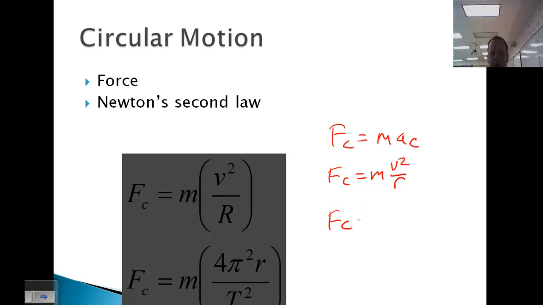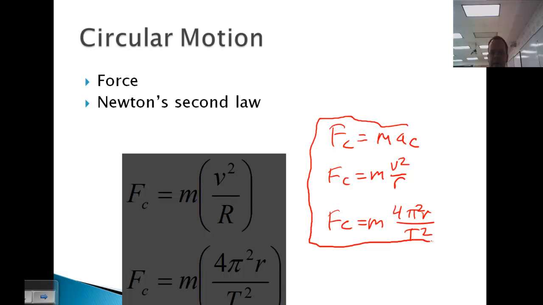And you can put 2 pi r over T in for v and get another version, 4 pi squared r over T squared. So these are all 3 versions of the centripetal acceleration. Now let's look at some example problems with circular motion.